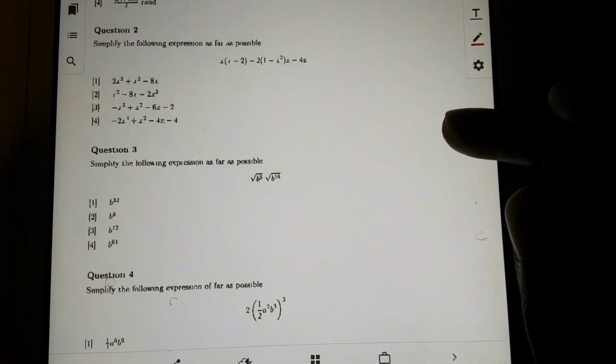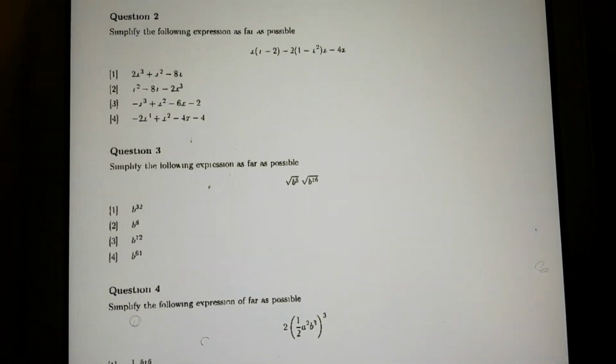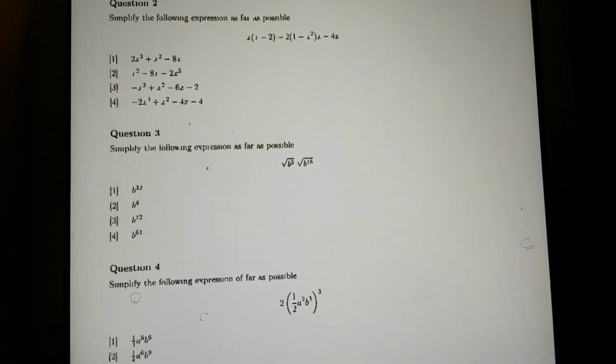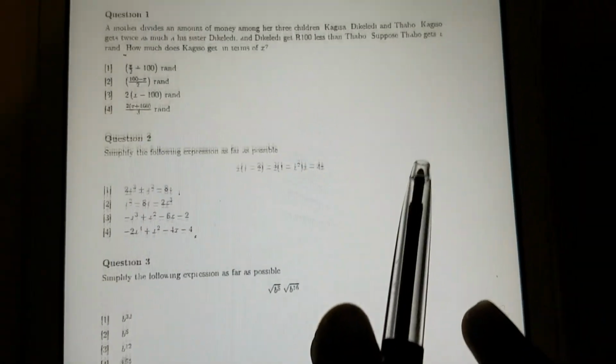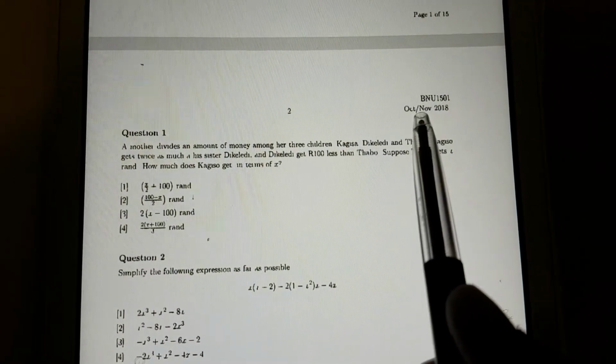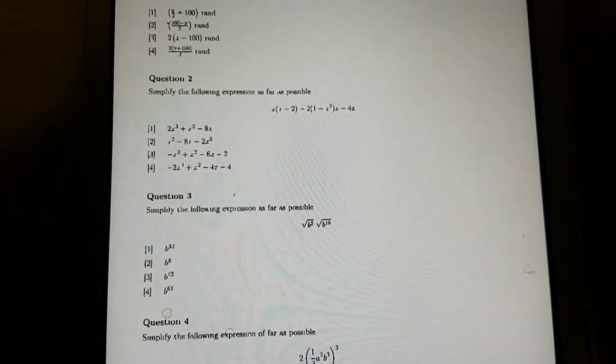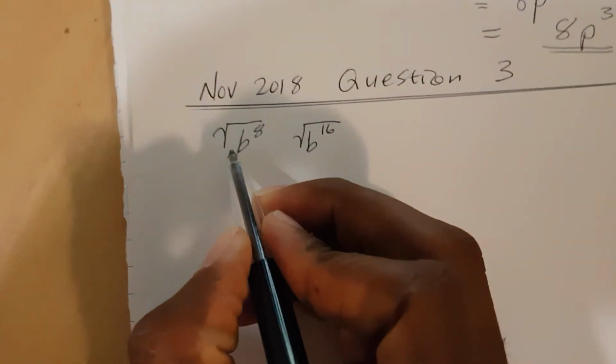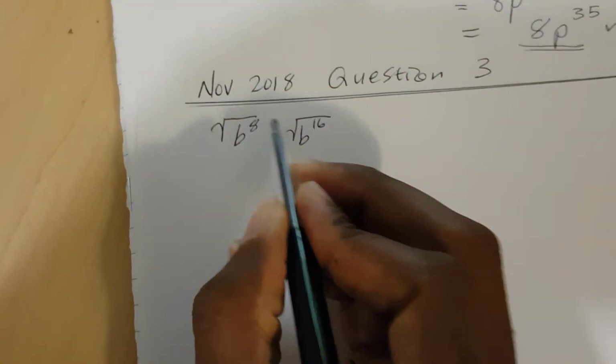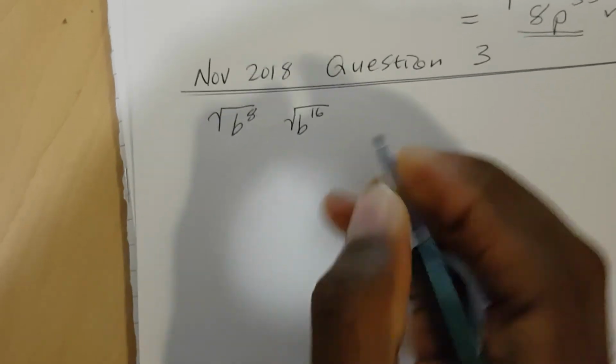Okay, now let's move to question 3 of October, November 2018. If you look at question number 3, we have the square root of b to the power of 8 and the square root of b to the power of 16.